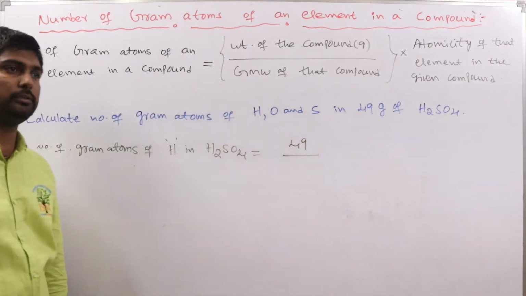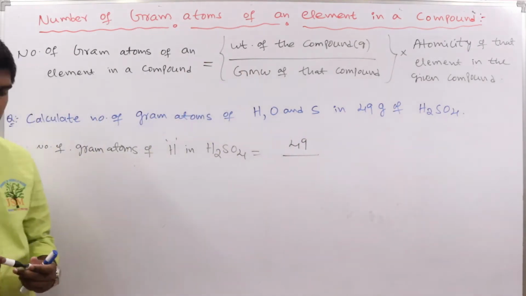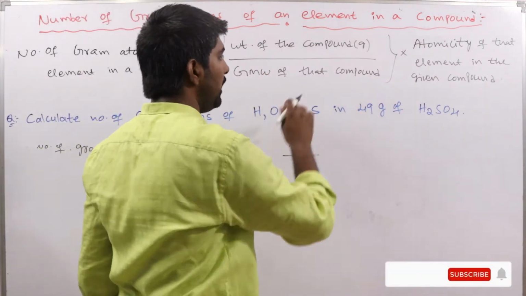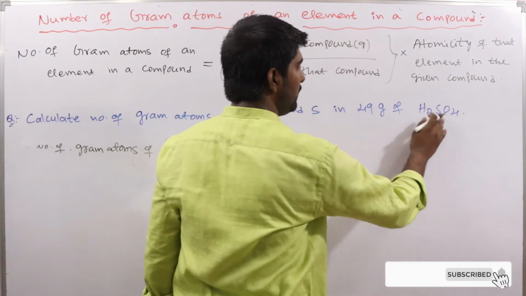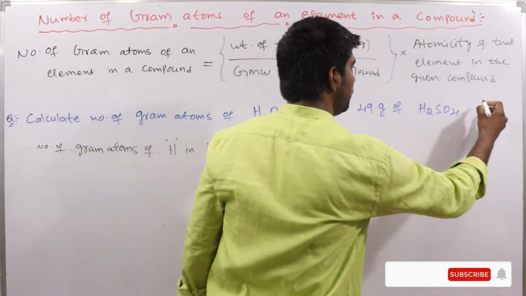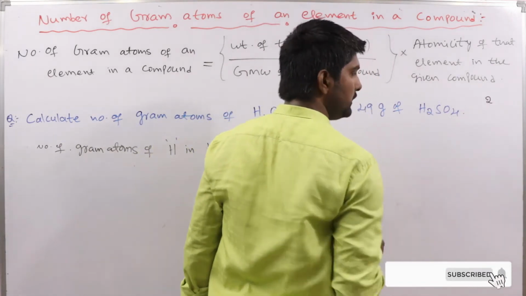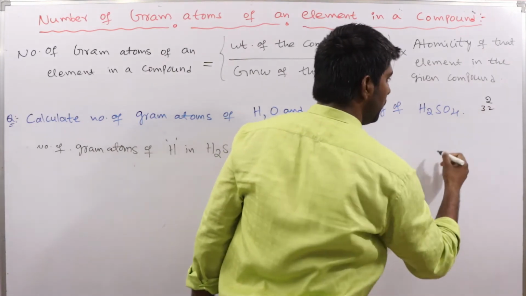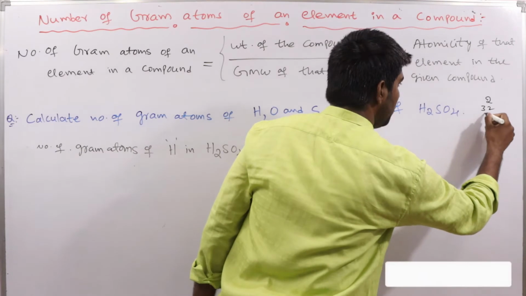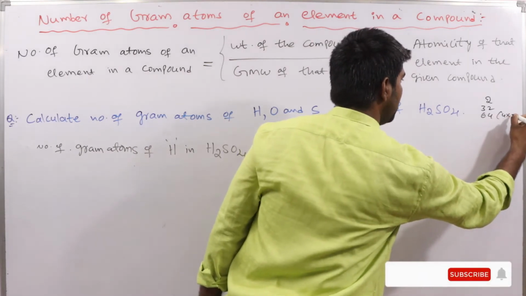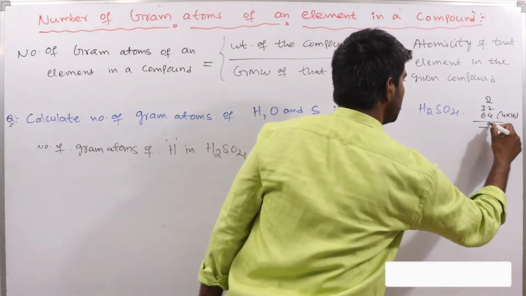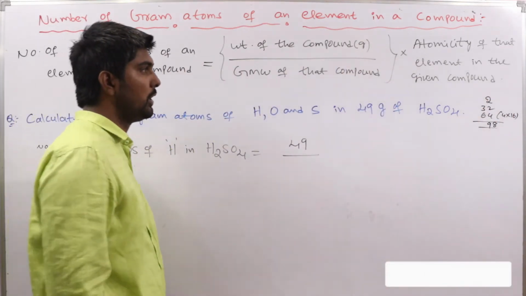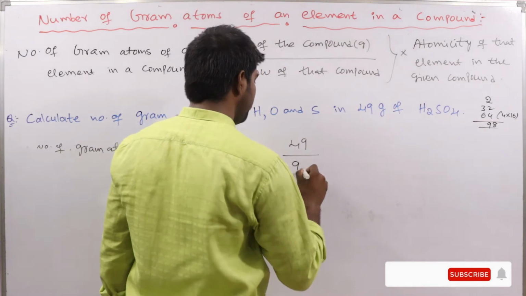So 49 divided by the gram molecular weight of H2SO4. Two units of hydrogen, and sulfur atomic weight is 32. We have 4 oxygens, so 4 into 16, total 64. The total is 98. So the gram molecular weight of H2SO4 is 98.